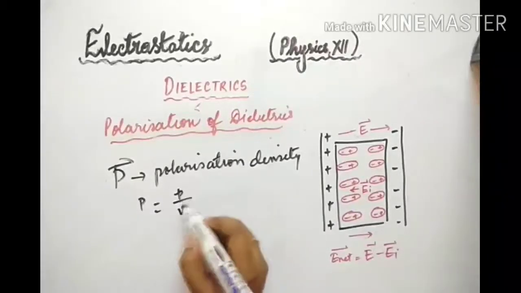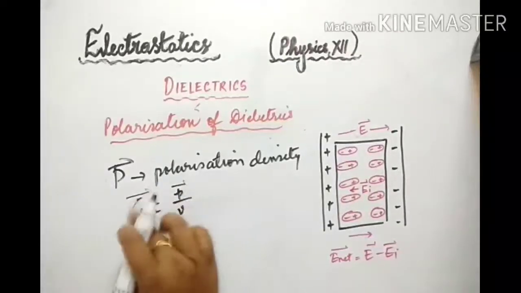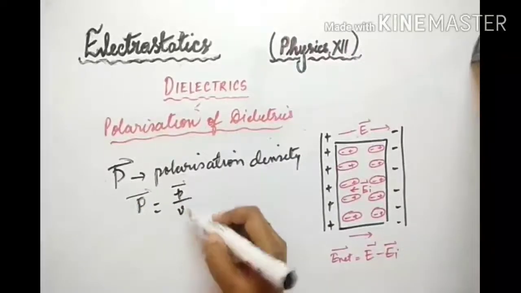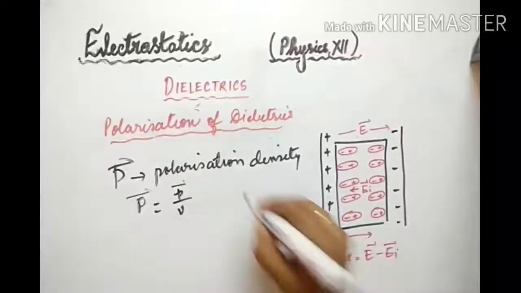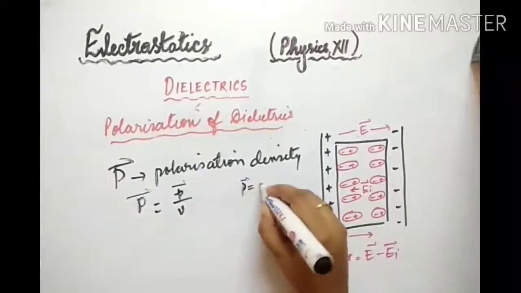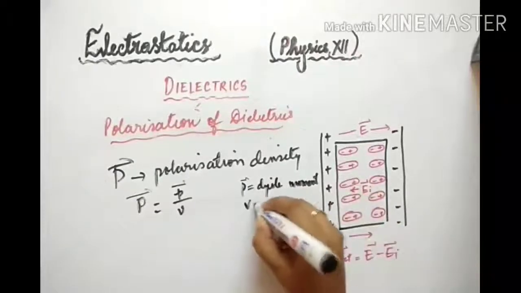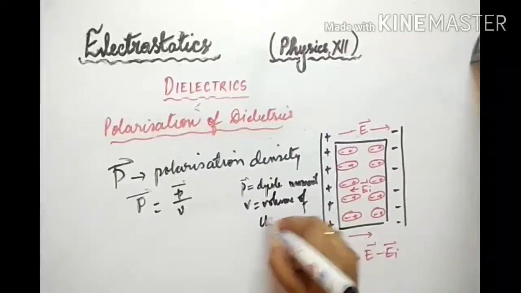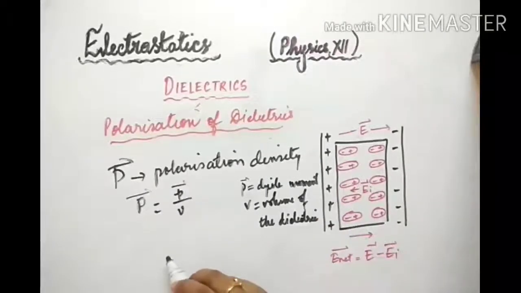This is capital P and this is small p, that is dipole moment, divided by V, the volume of the dielectric. So this is how it is written.